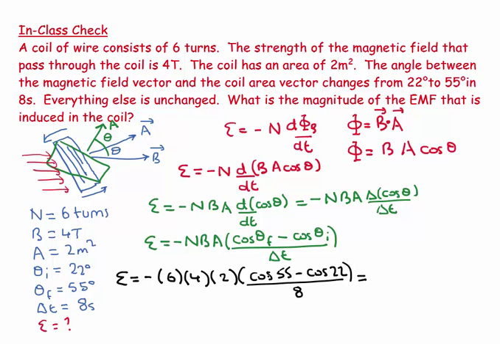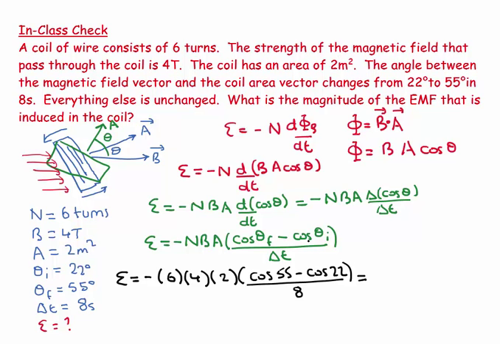It's not the cosine of 55 minus 22. It's not the angle. It's not d theta by dt. It's d cos theta by dt. And cos 55 minus cos 22 is not cos 33. So we've got to do this step by step.